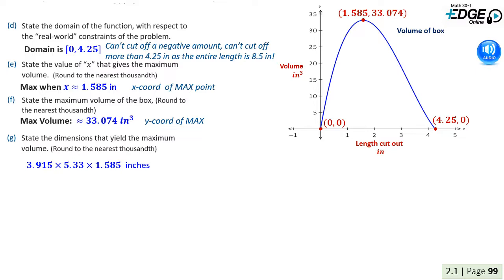And so if we rewrite that and we replace the x's with 1.585, we'll find that 5.5 minus 1.585 generates 3.915, and that 8.5 minus 2 times 1.585 gives us 5.33. So those are the actual measurements of the width, length, and height that multiply together to make 33.1 inches cubed.